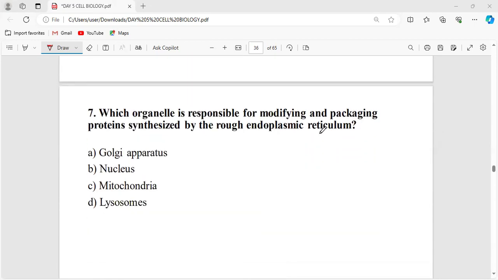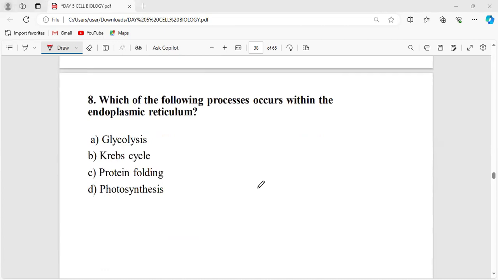Now, which organelle is responsible for modifying and packaging proteins synthesized by the rough endoplasmic reticulum? Just now I have explained you. Obviously, that will be the Golgi complex. I don't want to explain this. And which of the following processes occurs within the endoplasmic reticulum? Glycolysis, Krebs cycle, protein folding, photosynthesis.